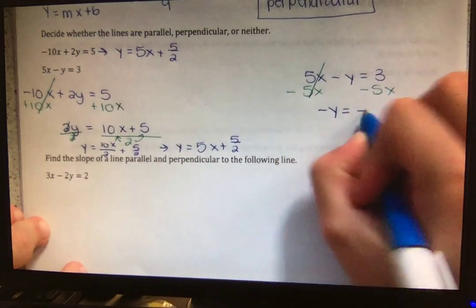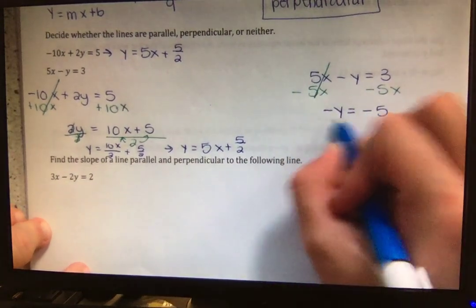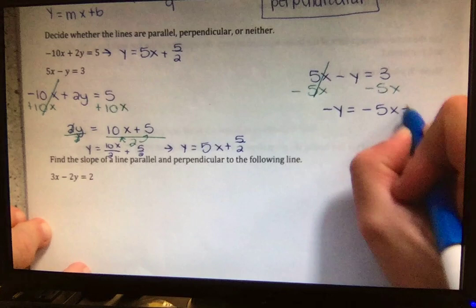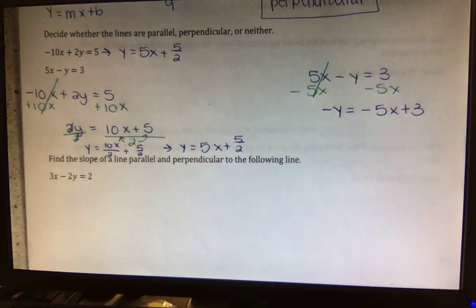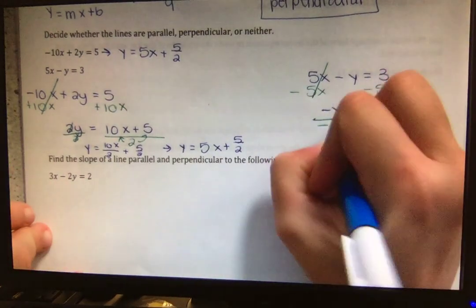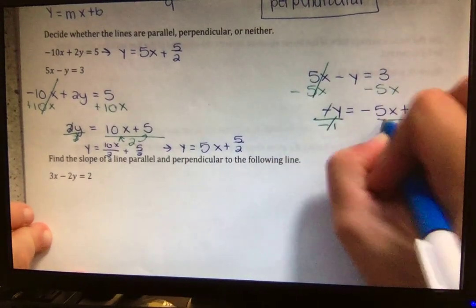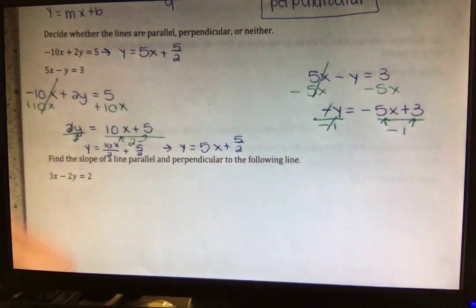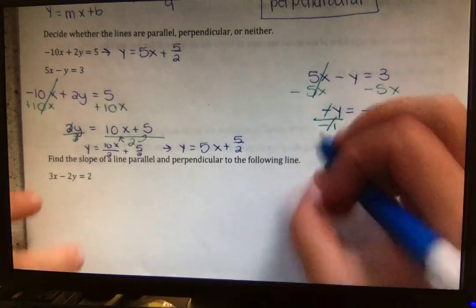We're left over with negative y equals negative 5x plus 3. And then divide both sides by negative 1 to get rid of that negative. We're dividing the whole left side, so that means the whole right side needs to be divided.